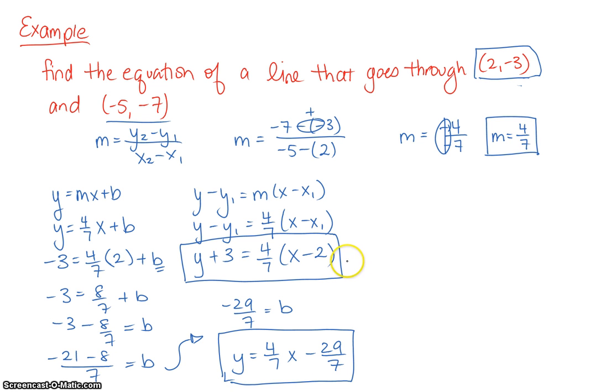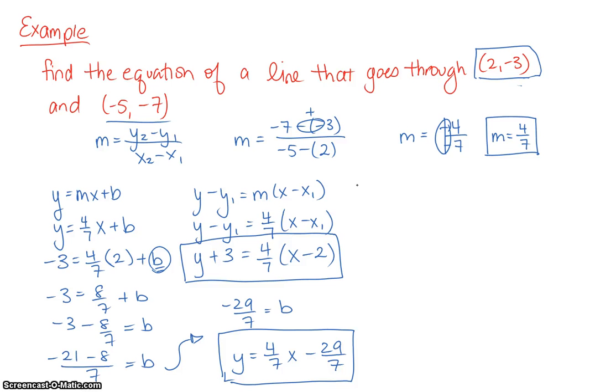Another thing I could do is work with this format here, distribute, combine like terms, and then I get to the same thing. So either way, I can use one of the two formats to figure out what my y-intercept is, if I don't know what it is, and use my slope-intercept format, or I can use my slope point and come up with an equivalent statement.